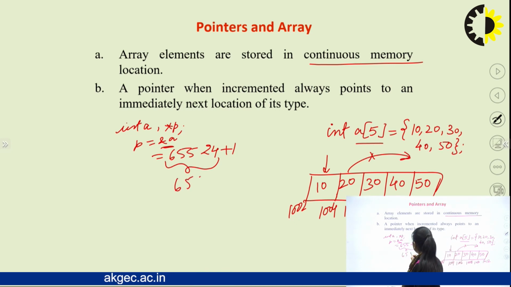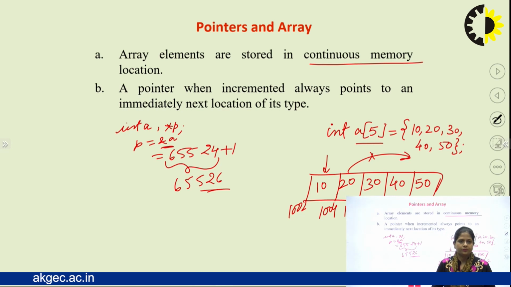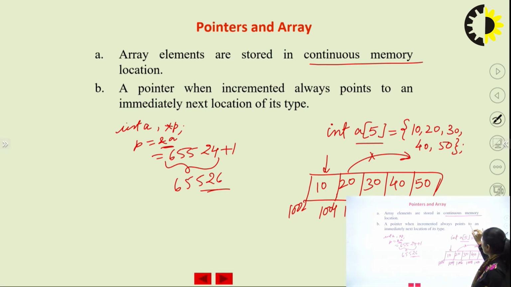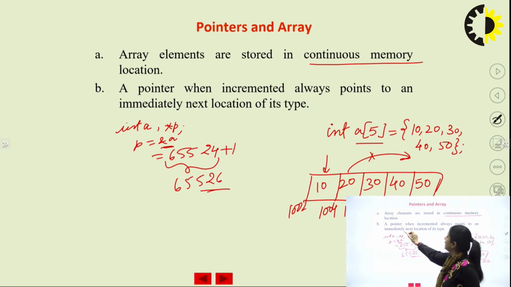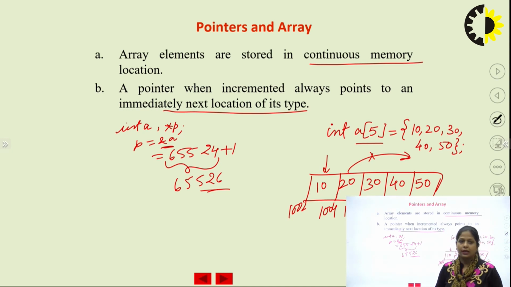So, it will point to the next location. That is why we say a pointer when incremented always points to the immediately next location of the same type.